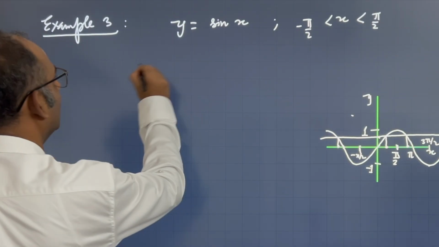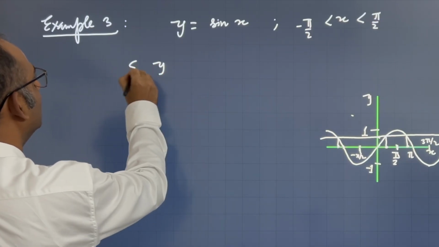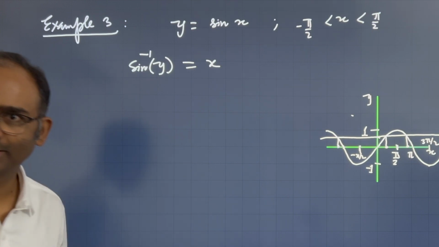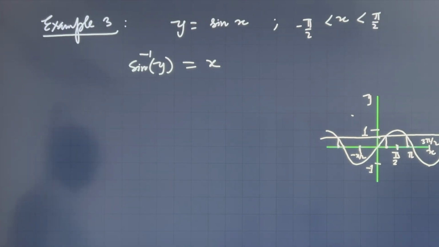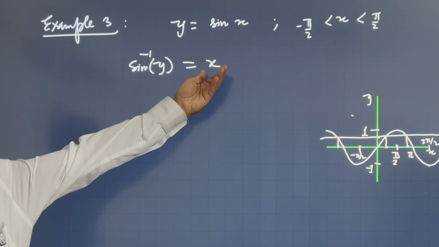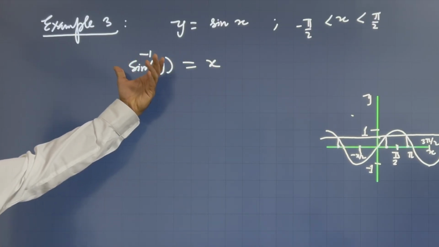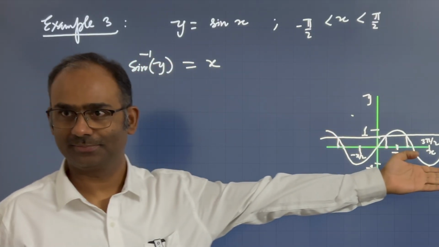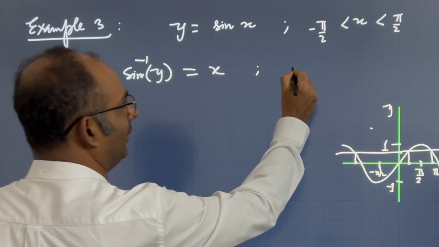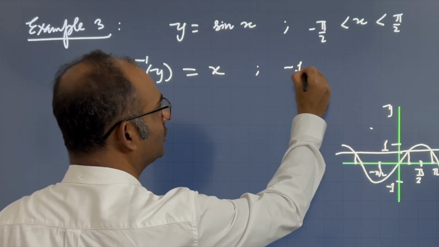So, what's the inverse function? Sine inverse y is equal to x. Right? That's what x is. What is the meaning of sine inverse y? Exactly that. That's the definition of it. Okay? y is going to be restricted between minus 1 and 1.